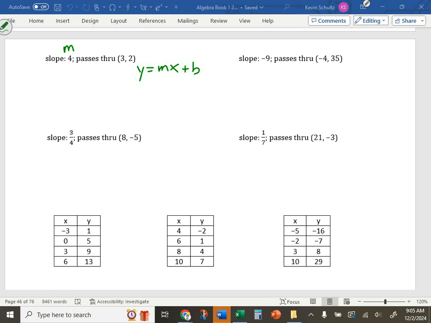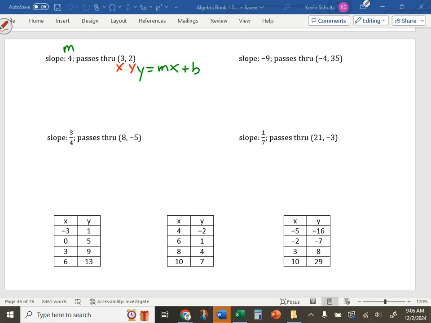What do 3 and 2 represent, Lucas? One of the points on the graph. A point on the line, which means that we can plug in 3 for what variable? X, yeah. And you can plug in 2 for y. Not the y-intercept, not the b, but the y value in the equation.